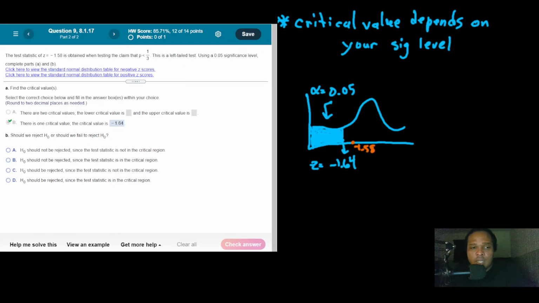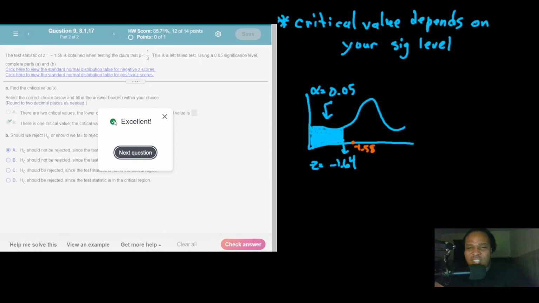So the H0 should not be rejected. That's true. So it's either going to be A or B, and the reason is because it is not in the shaded region. This is the traditional method, which is a little technical. It can be done, but we prefer the technology.